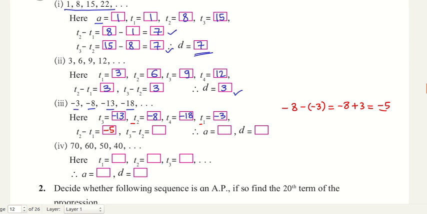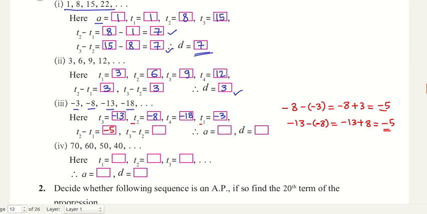Next is T3 minus T2. T3 is minus 13, minus of minus 8. So this becomes minus 13 plus 8, which is nothing but how much? 13 minus 8 is 5, and we put the sign of the higher number, that is negative.